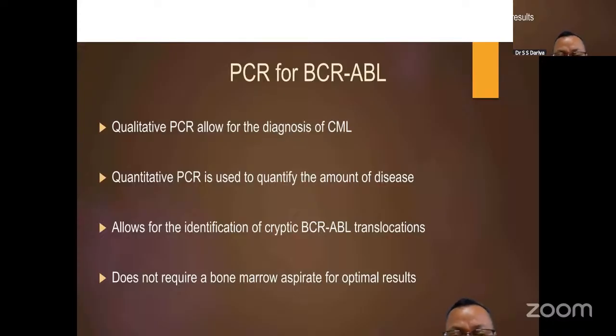And quantitative PCR quantifies the amount of disease, how much of the BCR-ABL is present. This also allows for identification of translocations, and it does not require a bone marrow aspirate for an optimal result. So you can do the BCR-ABL by polymerase chain reaction only on peripheral blood also.